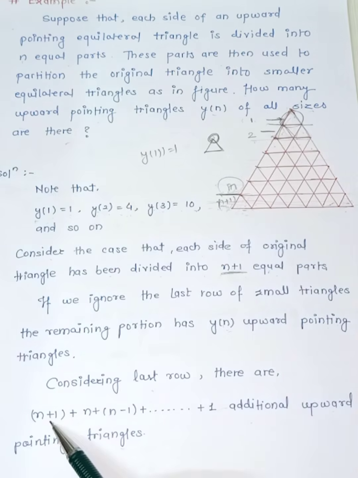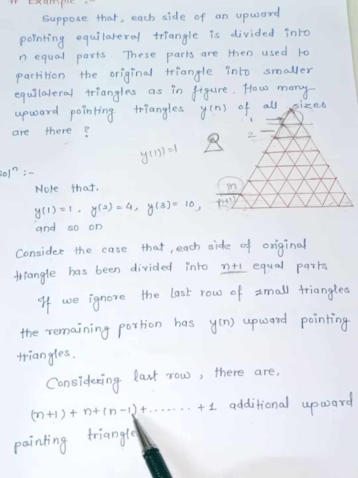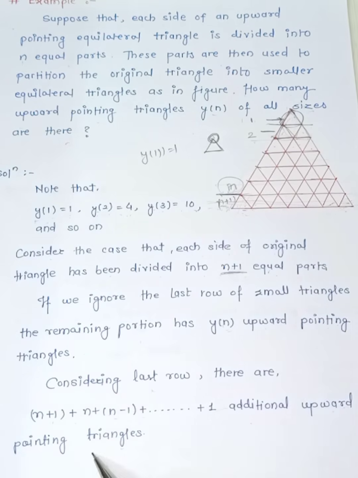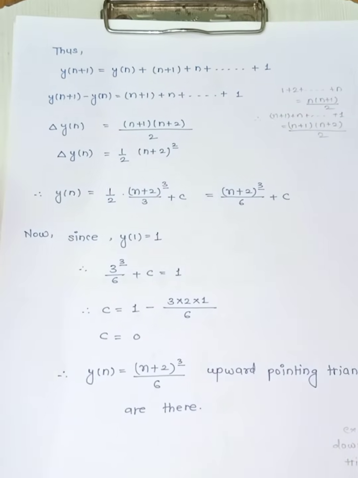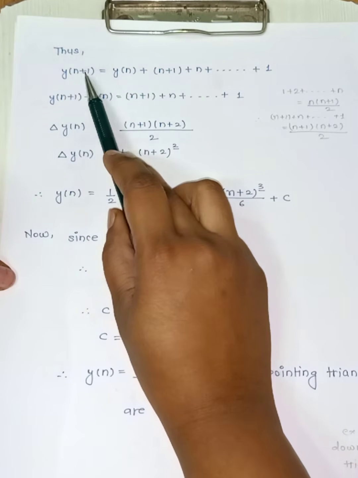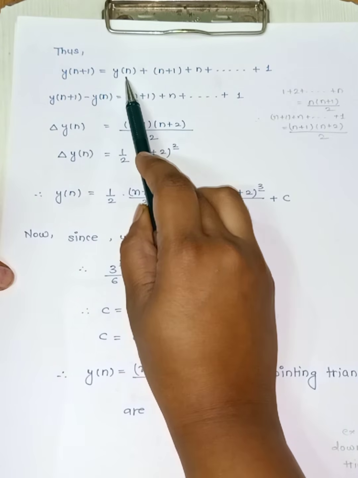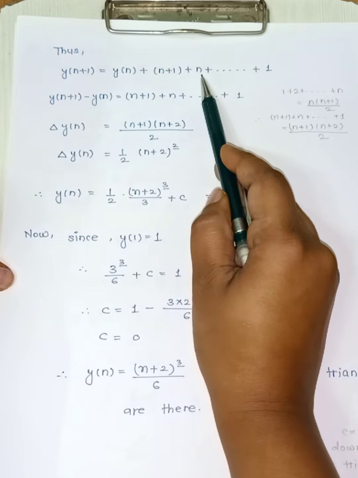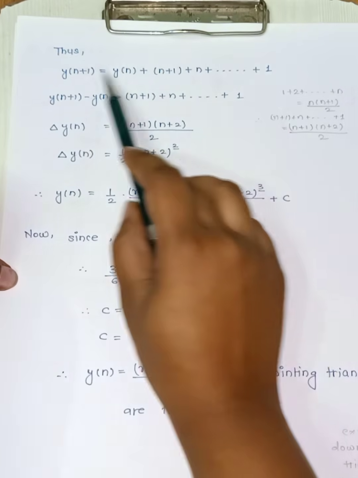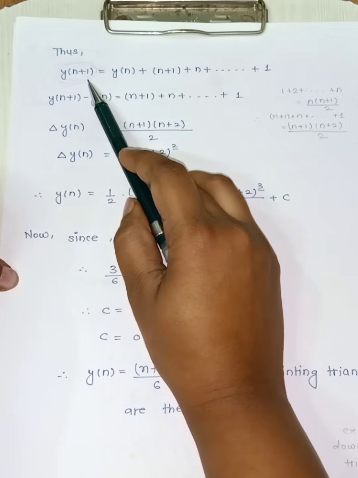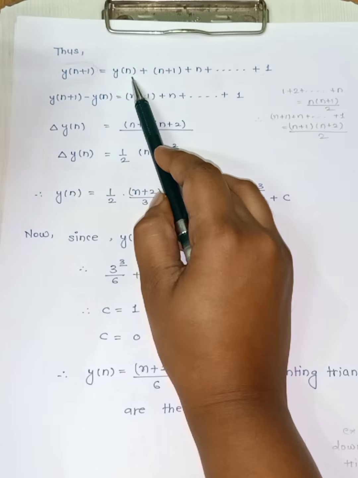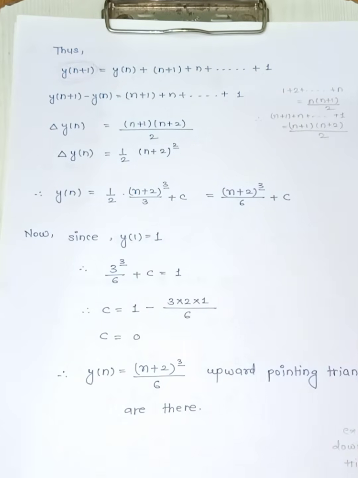So we are counting it n plus 1 plus n minus 1 plus up to so on plus 1 additional upward pointing triangles are there in the last. Thus, we can write it like this: y of n plus 1 equals to y of n plus n plus 1 plus n and up to so on plus 1. This is the whole equilateral triangle, and we can count it like y of n up to the last second row like this.